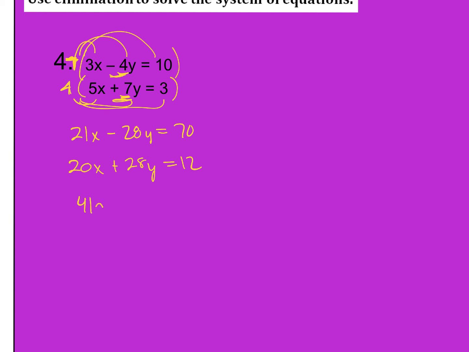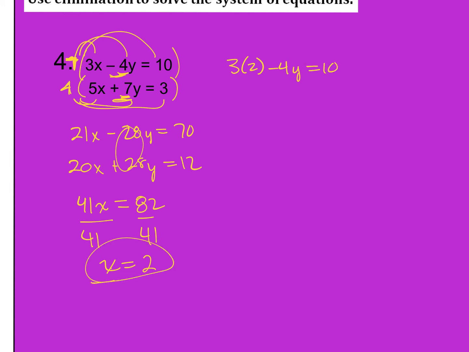So that becomes 41x. This goes away. This becomes 82. A little bit of quick division, and I get x to be 2. So now 3 times 2 minus 4y equals 10. Again, instead of x, I know what x is, so I'm substituting it in.